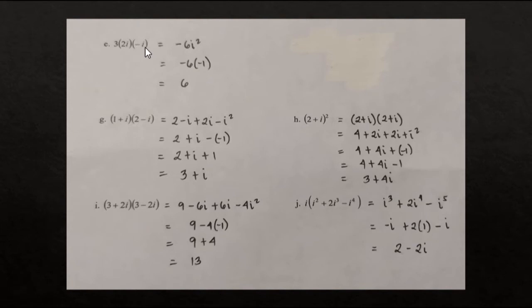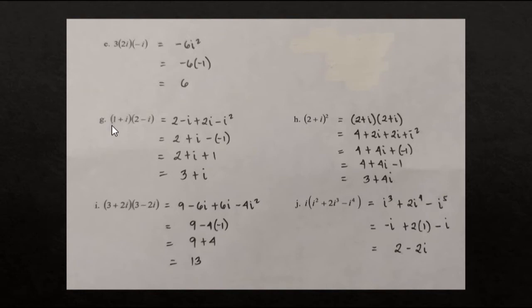Then, i times i, because the negative is already taken in our numerical coefficient. So, i times i na lang, that is i squared. So, negative 6 times negative 1, because again in our discussion, i squared is equal to negative 1. So, negative 6 times negative 1, that is positive 6.